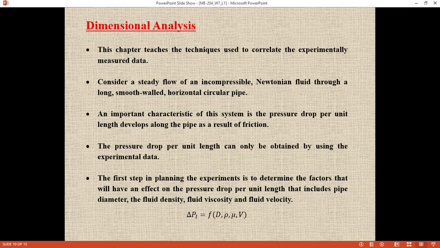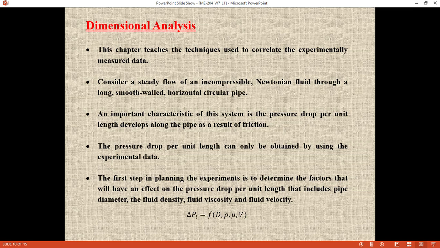Or in another case, suppose you have developed a new pipe, what would be the pressure drop if water flows through that pipe, or if some other liquid flows through that pipe? If you want to find the pressure drop through the pipe, you need a testing facility.